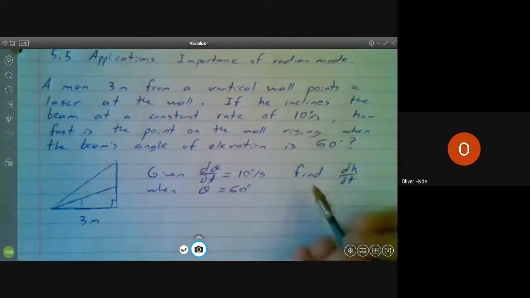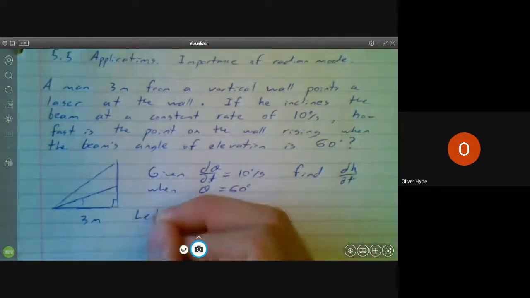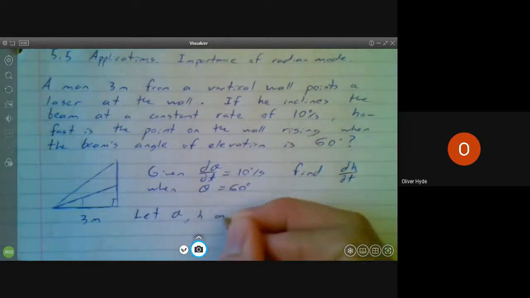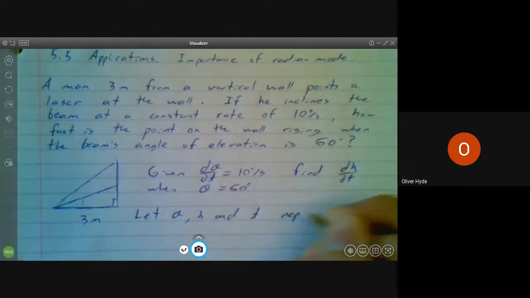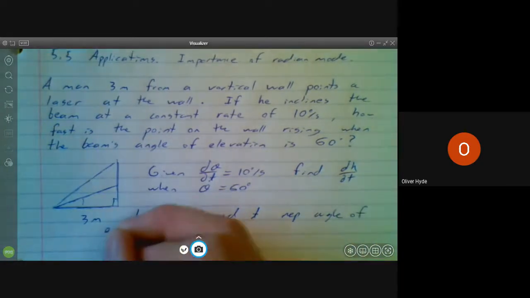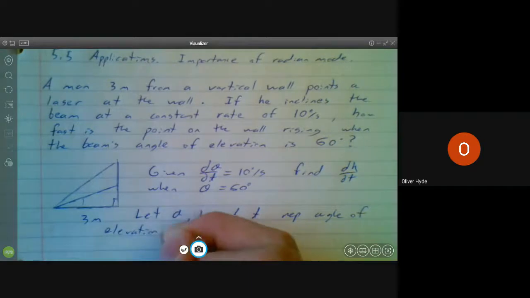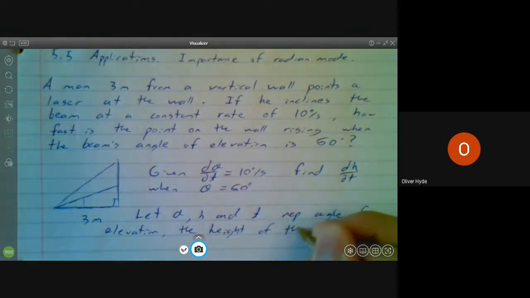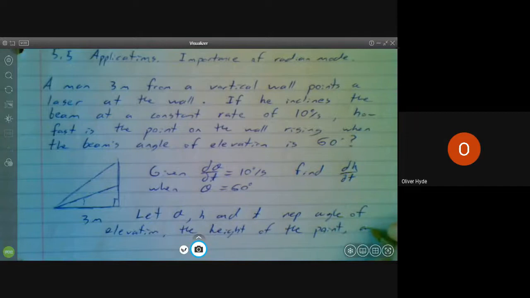So it looks like I should declare θ, h, and t. Let θ, h, and t represent the angle of elevation, the height of the point, it could be, say, on the wall, and time.